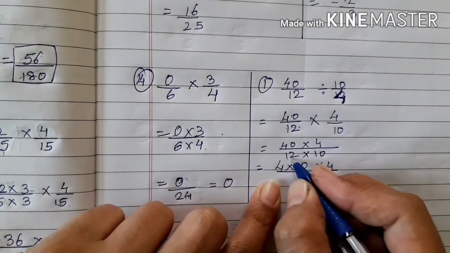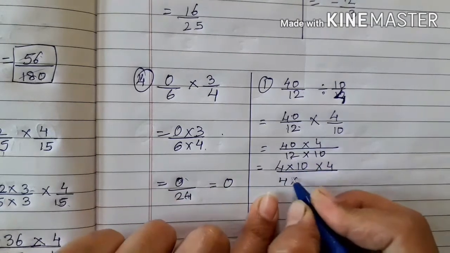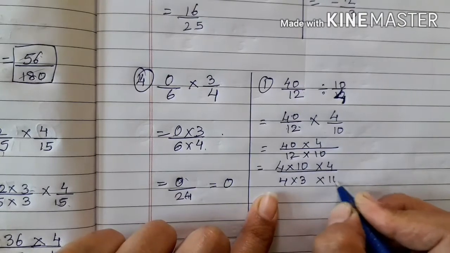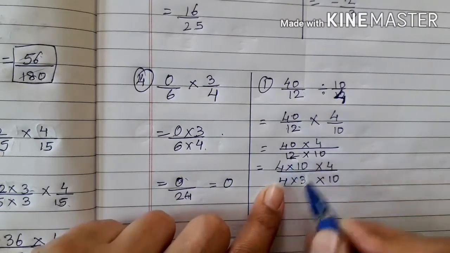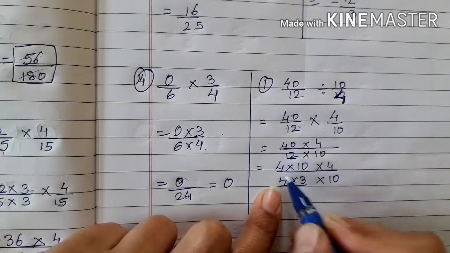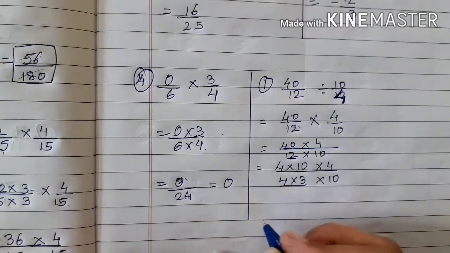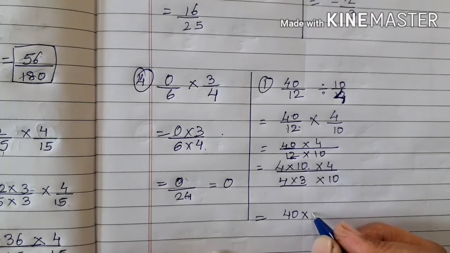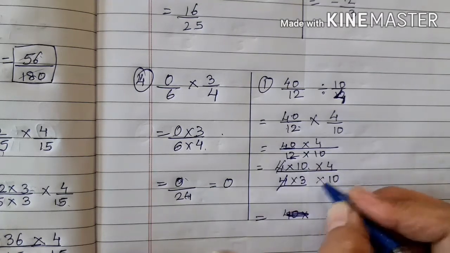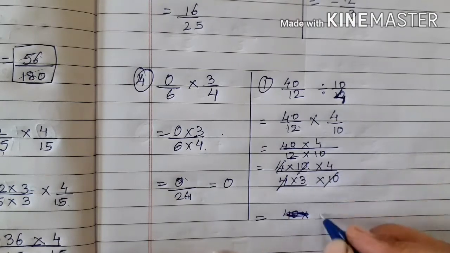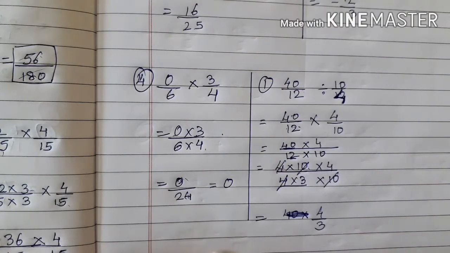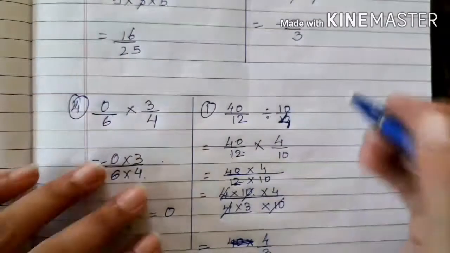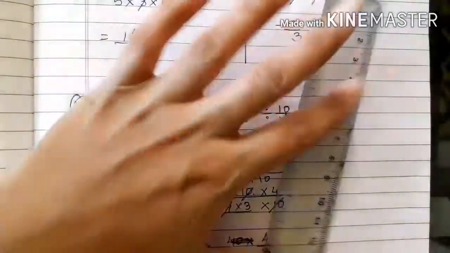So 12 I have changed to 4 into 3. 40 I have changed to 4 into 10. So what is the answer? 4 tens are 40, sorry, we have to reduce. So 10 will get cancelled. What is remaining? 4 upon 3. I'll again solve this sum, children, because this is looking fidgety. I'll again solve it.